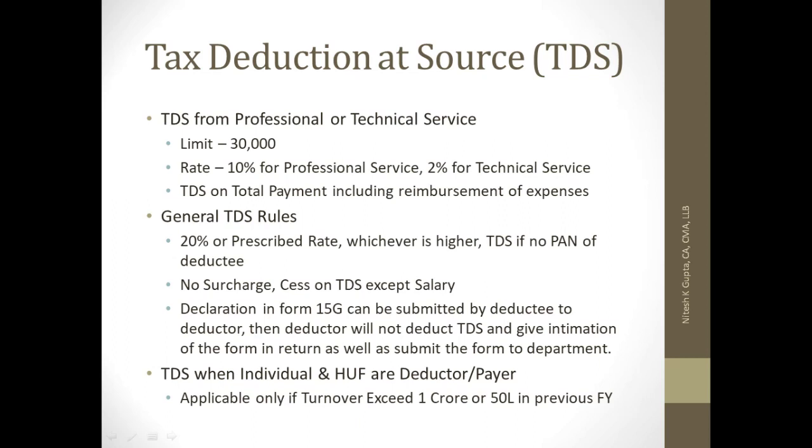If a person is running a business and his turnover is less than 1 crore, he need not follow any TDS provision. Same goes with a professional. If his receipts are less than 50 lakh for the previous financial year, then he need not follow any TDS rules. He can pay any amount to anyone. There is no issue.